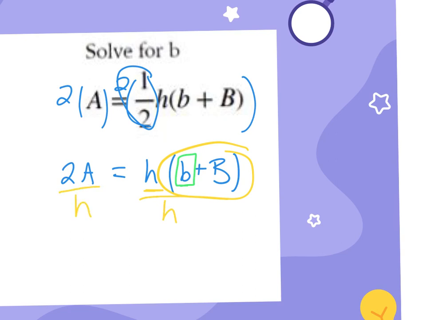When I do that, I just get 2a over h equals b plus B. Last step on this one, if I'm trying to get lowercase b by itself, subtract the uppercase B. So my final answer is just 2a over h minus capital B.